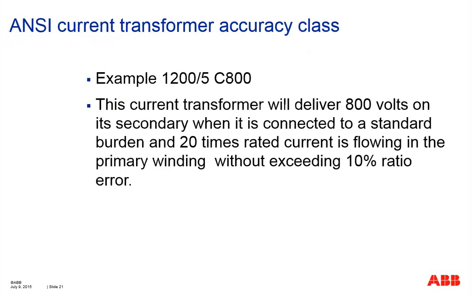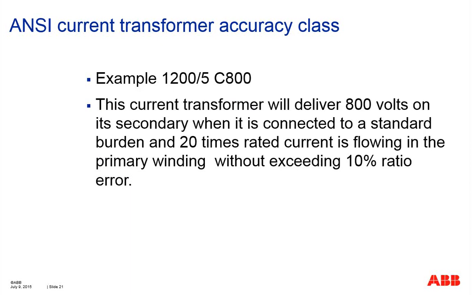For example, for a 1200 to 5 CT with a rated C800 class, this current transformer is rated to deliver 800 volts on its secondary when connected to the standard burden. Standard burden means 20 times the current; with a 5 amp rated secondary current, 20 times is 100 amps, so your rated burden is 800 divided by 100, which is 8 ohms.